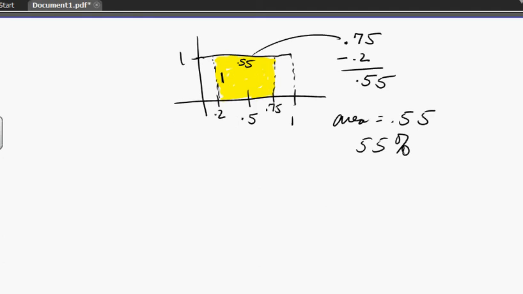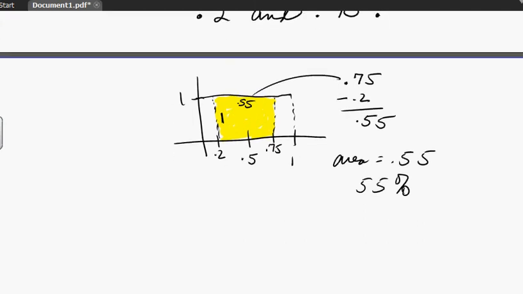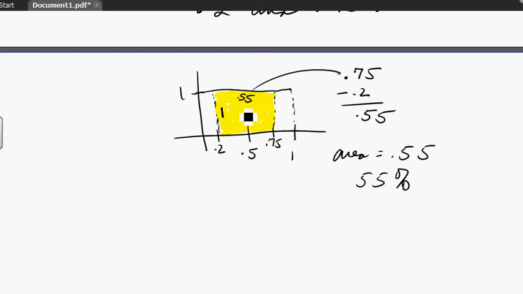Besides percent of area, you can think of this as people who are in my whole population here in this yellow piece, or numbers that are in this whole yellow piece here, and so you might call them the percent of observations.